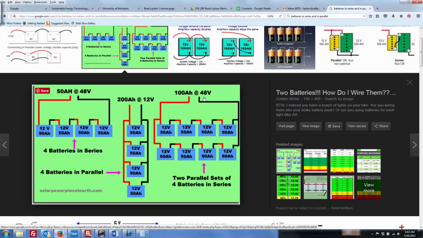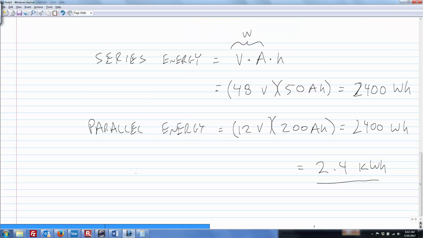Now if we go ahead and double it, so what we've done, we've got a series in parallel with another set of series. You can see that it doubles. So series plus parallel.